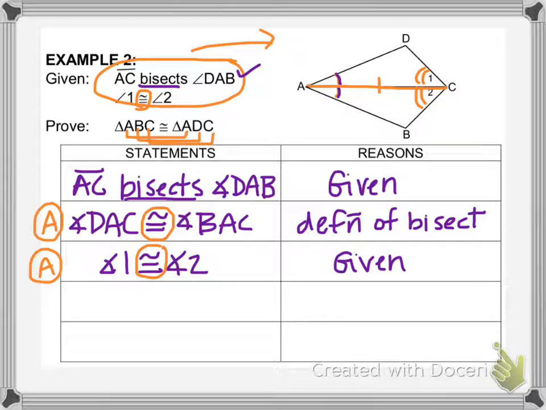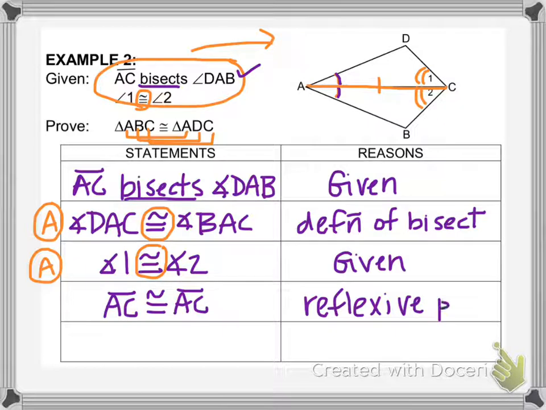So remember, just like in the last example, I can say that that side is congruent to itself. AC is congruent to AC. Reason being because of the reflexive property, because it's itself, it's congruent to itself. That's what reflexive property means.